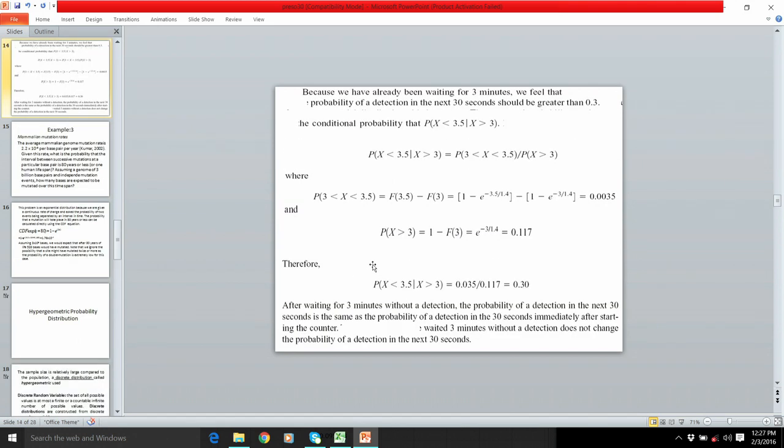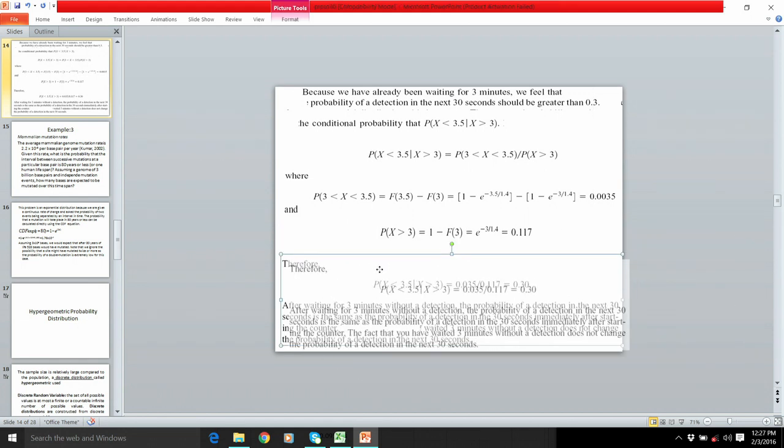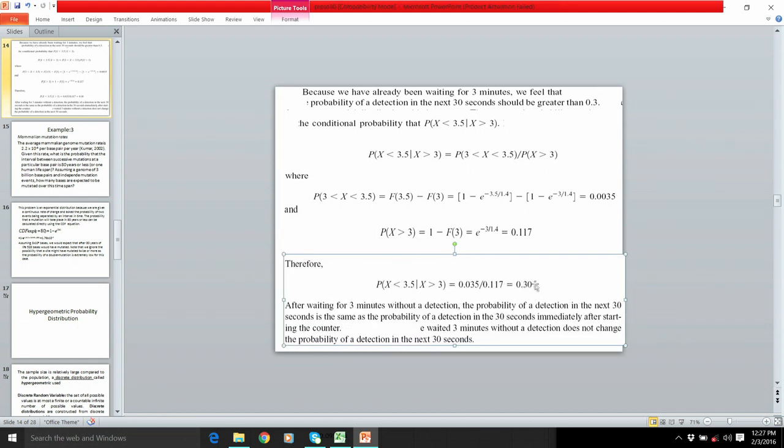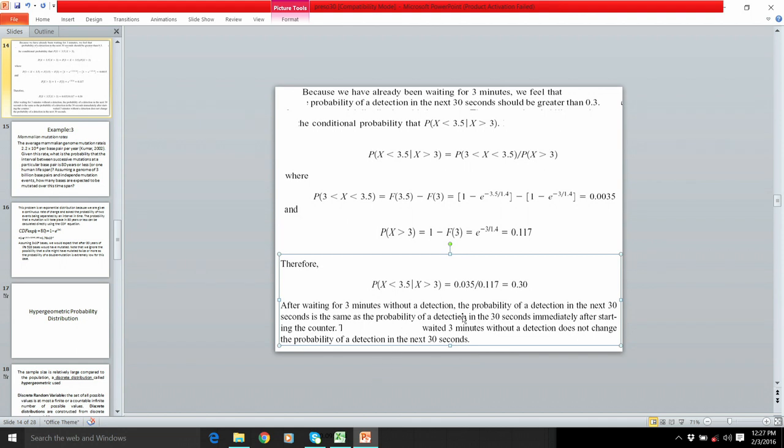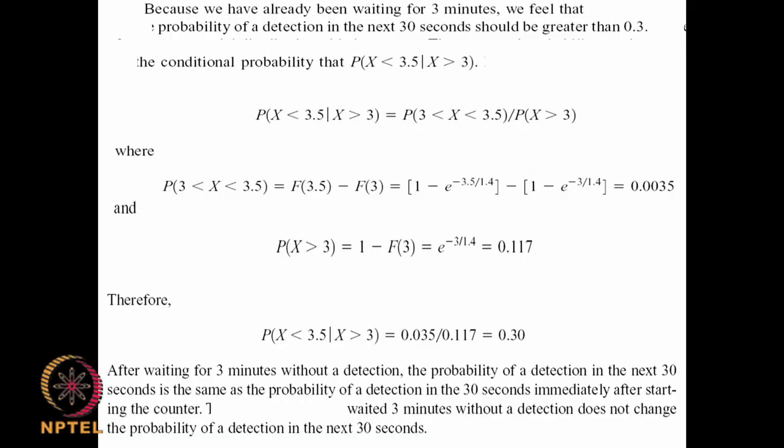No. If we start doing these calculations, we will end up again with the same answer, which means even after waiting for 3 minutes without detecting a particle, the probability of a detection in the next 30 seconds is the same as the probability of detection in the 30 seconds immediately after starting the counter.